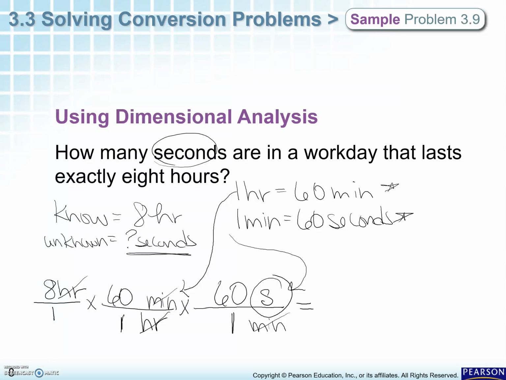So if you were to multiply straight across, you would get 28,800, and our units would be the units we are left with, seconds. So our answer would be 28,800 seconds.